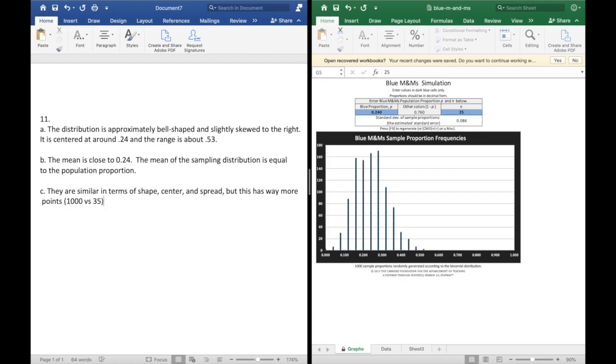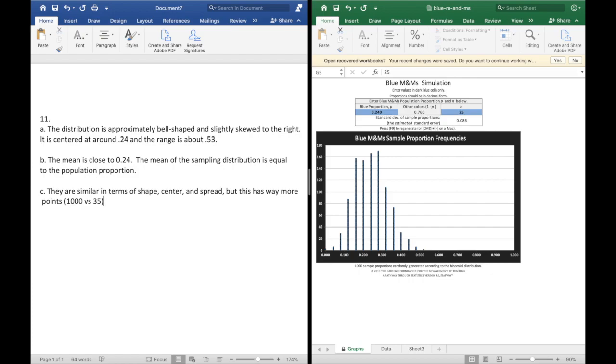Okay. So let's now look at part D. It says the population proportion of M&Ms that is blue is 0.24. Your sample from question 8A probably deviates from this. If your sample proportion is used to estimate the population proportion, the deviation is an error.